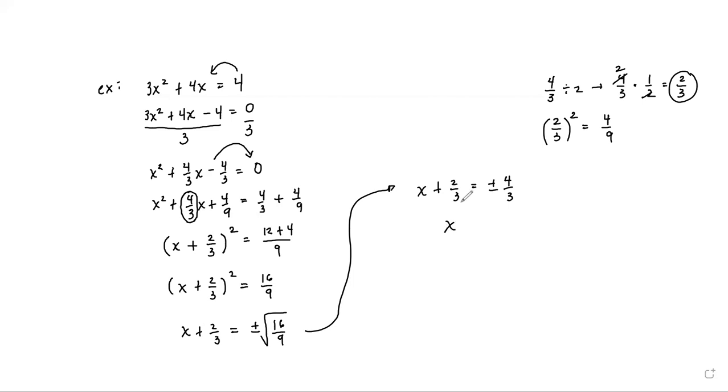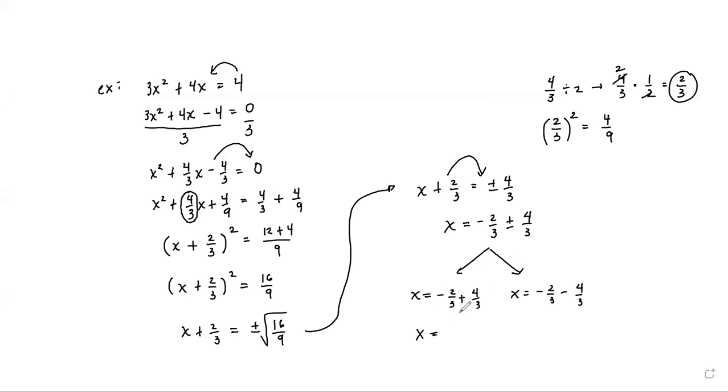And then solving for x, we transpose 2/3 to the other side, so we get negative 2/3 plus or minus 4 over 3. So this will give us x equals negative 2/3 plus 4 over 3, and x is equal to negative 2/3 minus 4 over 3.